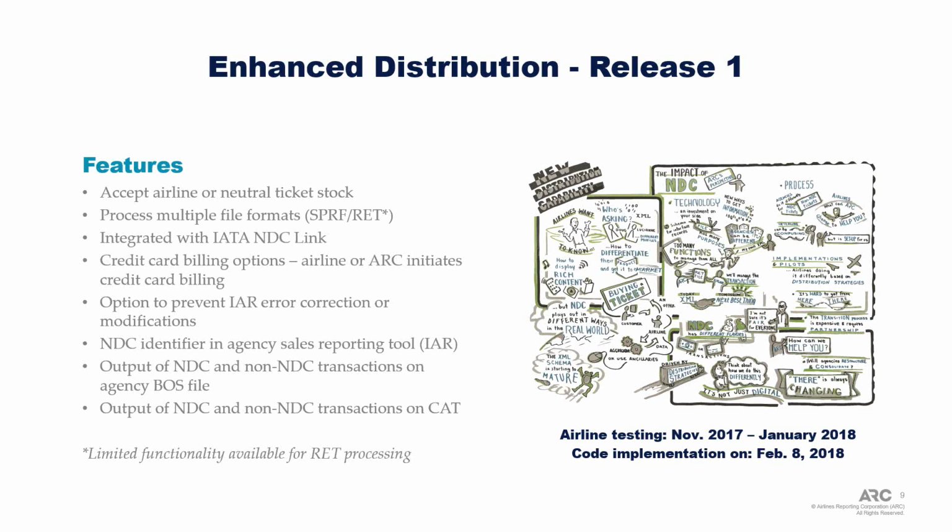They can actually request several back office files throughout the day. So we will output both NDC and non-NDC on the back office file, and of course we'll output NDC and non-NDC on the carrier accounting tape that we send out today to the airline.